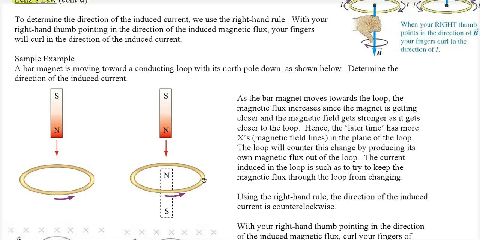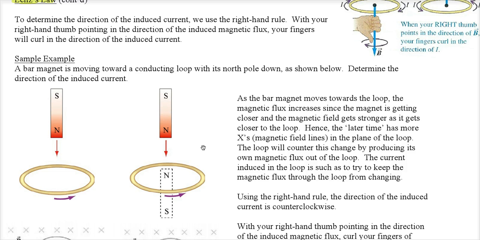So essentially, it creates its own magnetic field to oppose the motion or the change in flux. It's like it tries to keep everything in balance. If I push inwards with a magnet, it will essentially oppose this motion by pushing a flux out to keep things in status quo.